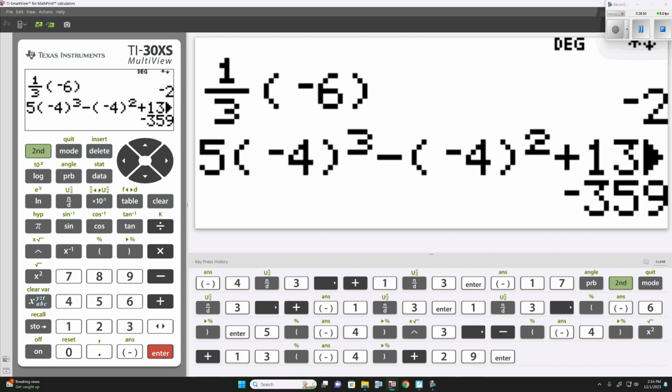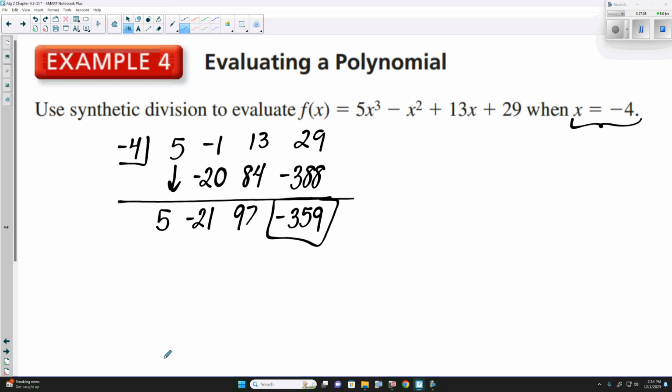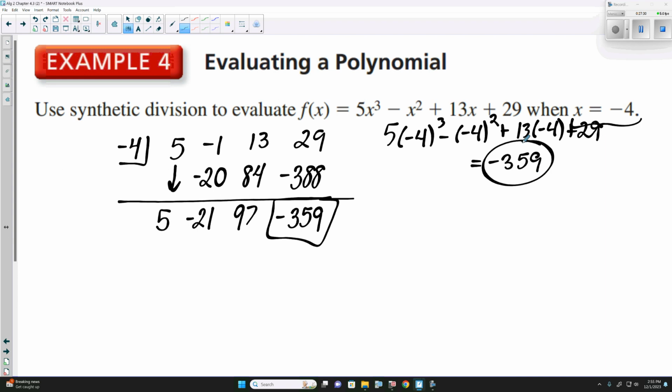And if we hit enter, it tells us that its value is negative 359. So here I just replaced every x with negative 4, using the original equation, because on Monday when we evaluated, we just replaced x with the number. What was the remainder when we did synthetic division?